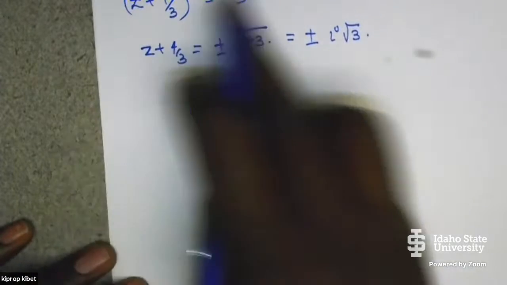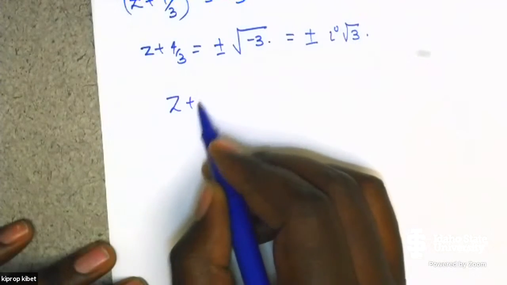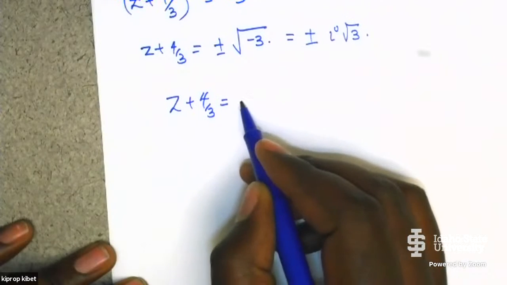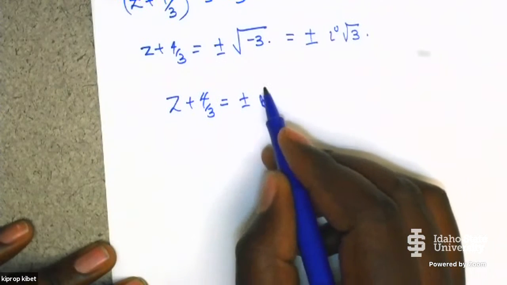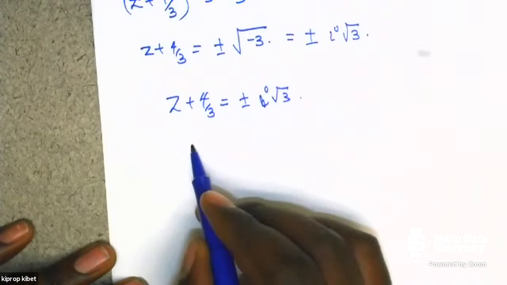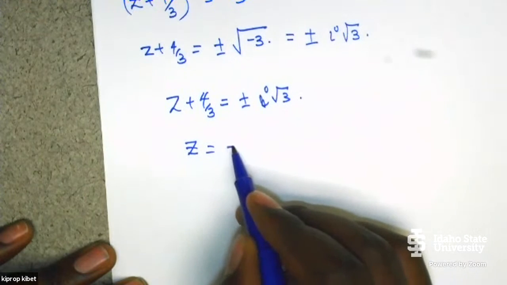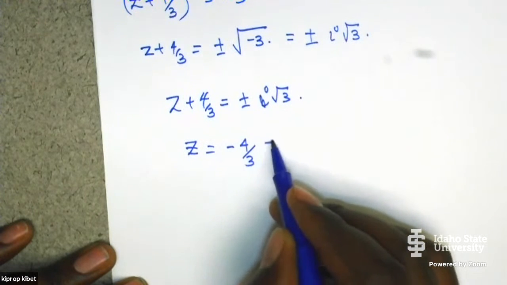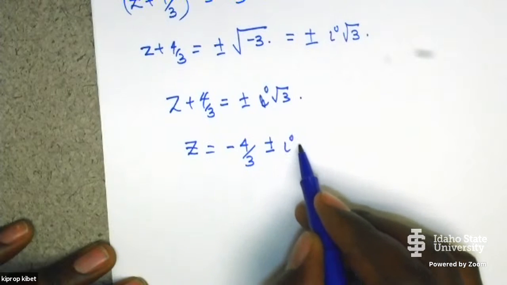So Z equals to minus 4/3 plus or minus i, the square root of 3.